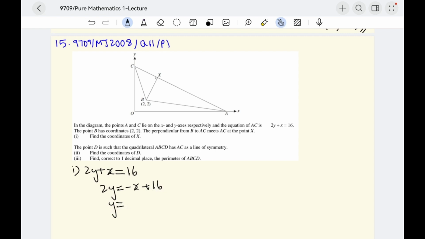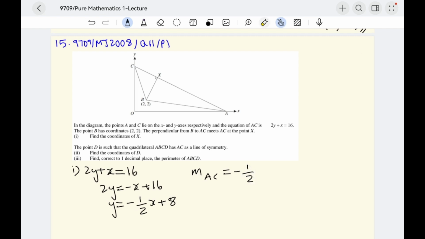Okay, here is the gradient form y equals mx plus c, which is y equals negative half x plus 8. So from this gradient form equation of AC, the gradient of AC is negative half.